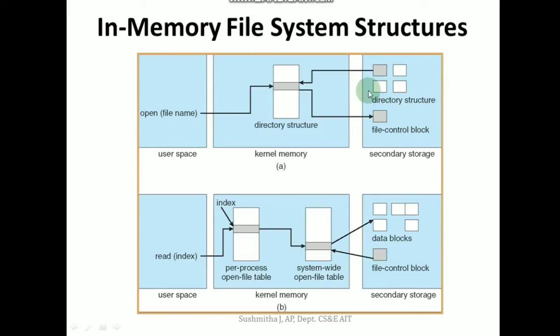So here we have the directory structure. So whenever it opens a file, an entry is created in the directory structure. Now it updates the directory structure with the file control block, you can see here we have the file control block that is a part of your secondary storage.